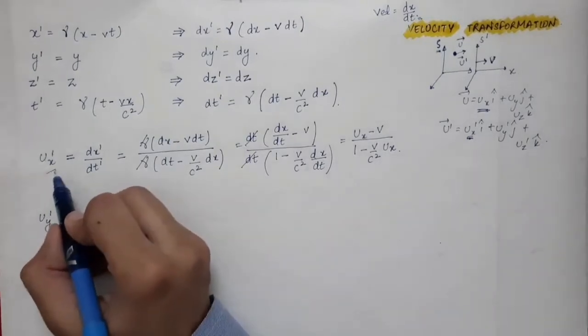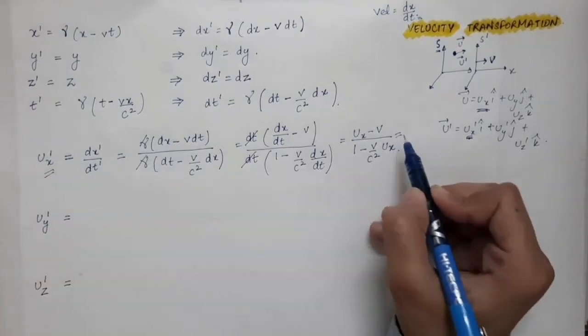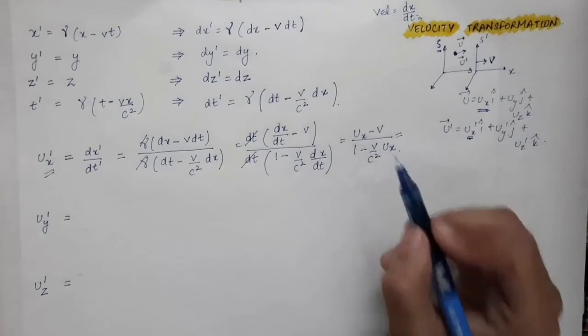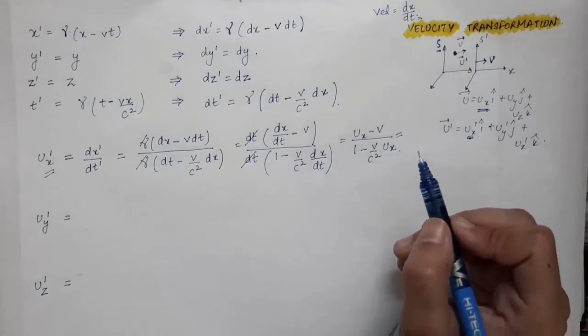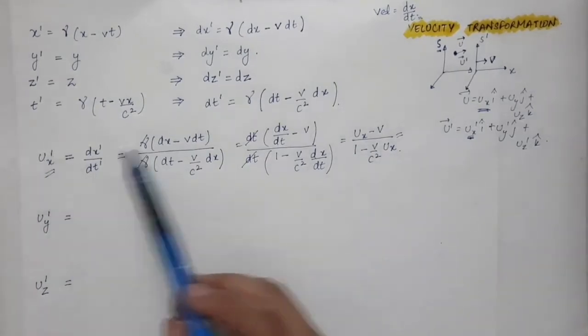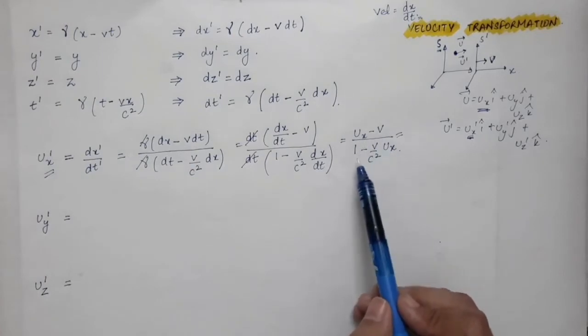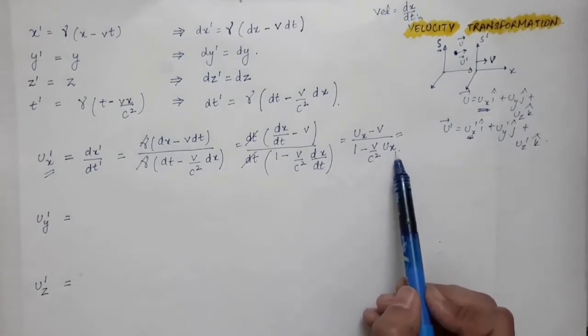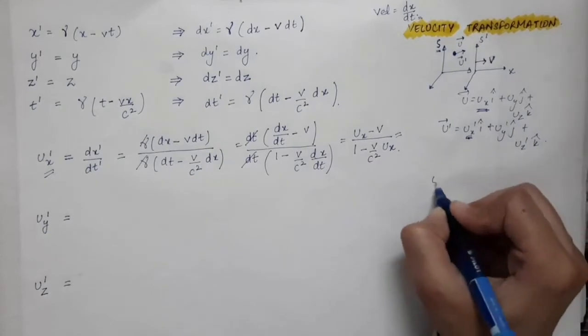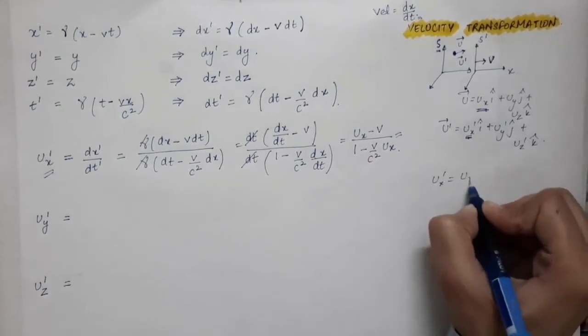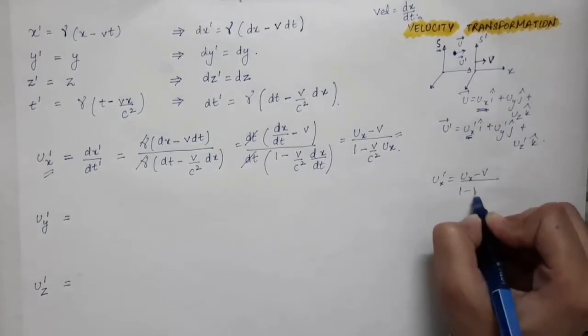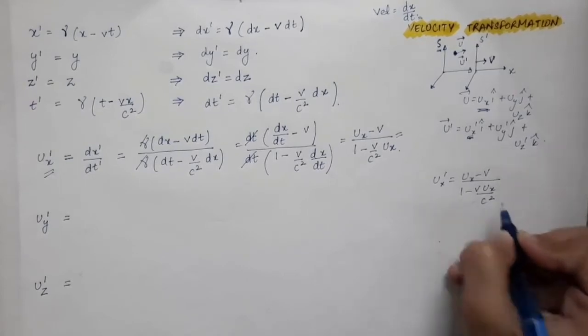So this is the first equation we have got of transformation of the x component of the velocity of the particle. So ux prime is given by ux minus v over 1 minus v ux by c square.